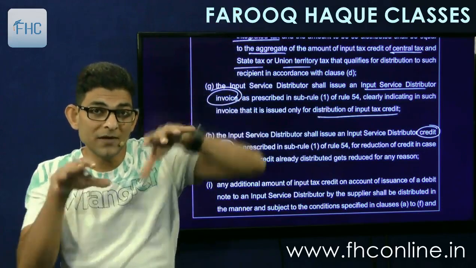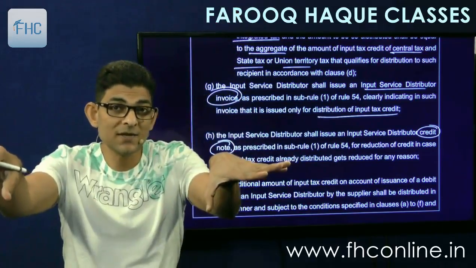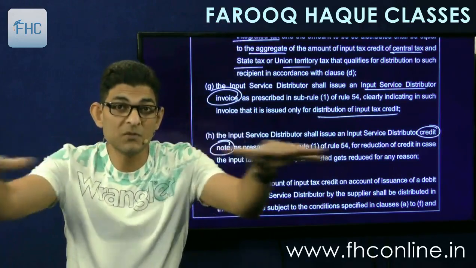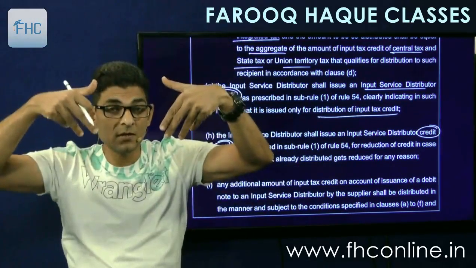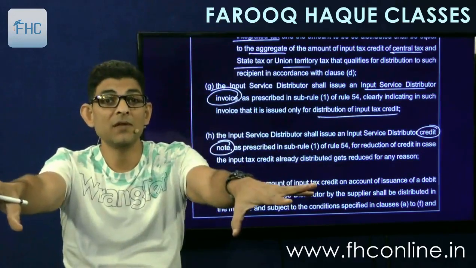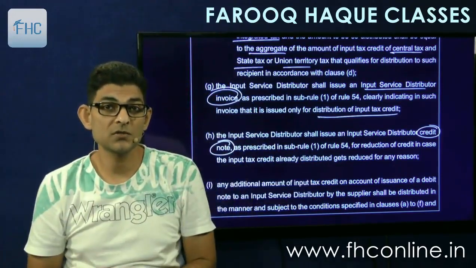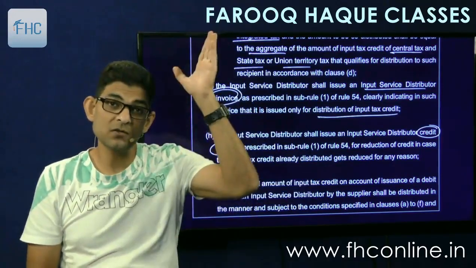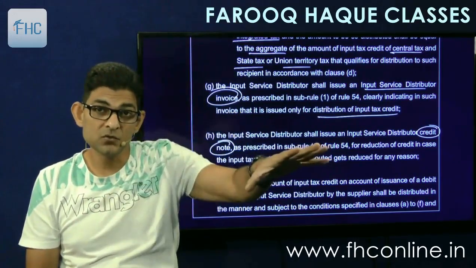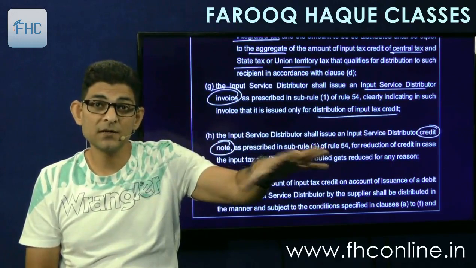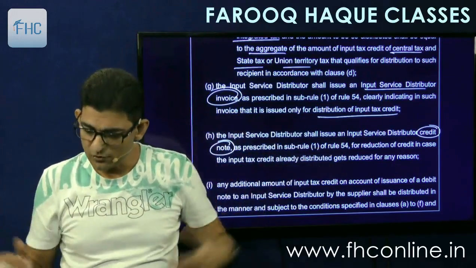That credit note will again be distributed amongst the units, and these units will have to reduce that much tax. Similarly, if additional tax is forwarded to us, we'll issue it by way of debit note to our constituent units. So if there is a reduction, we'll give credit notes. If there is addition, we'll give debit notes and further distribute the credit. So this accounting will keep going on.